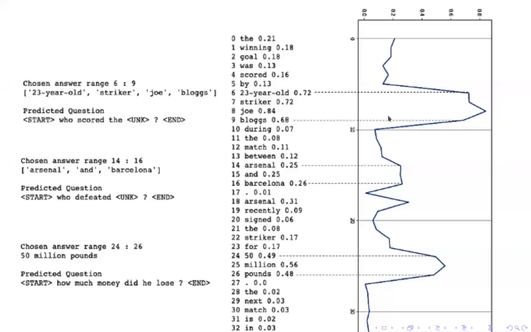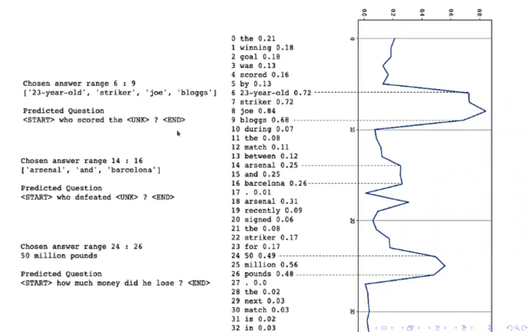And then the decoder network will generate, for a chosen answer range, here we pick 6 to 9, we can set this to a certain threshold, a question like who scored the corresponding entity. In this case, UNK stands for unknown.